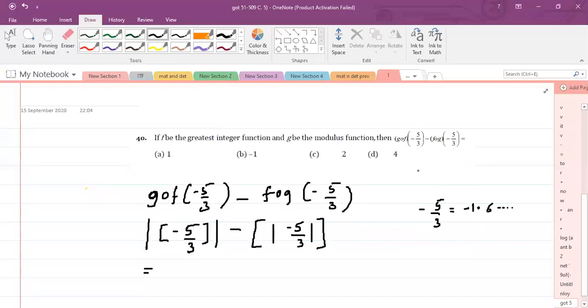On the real line it will be 0, minus 1, minus 2. So what is the greatest integer of minus 1.6?